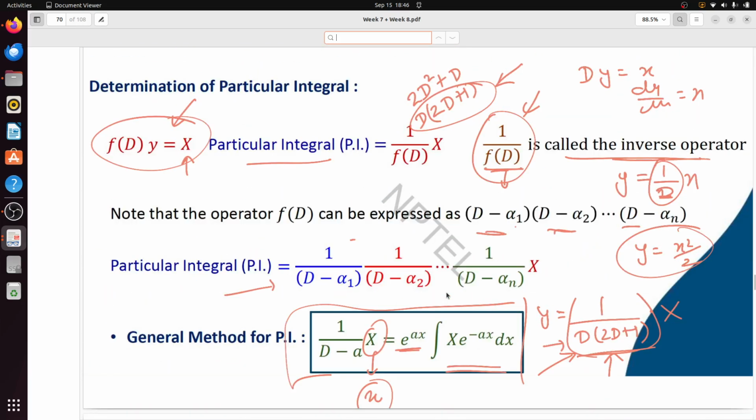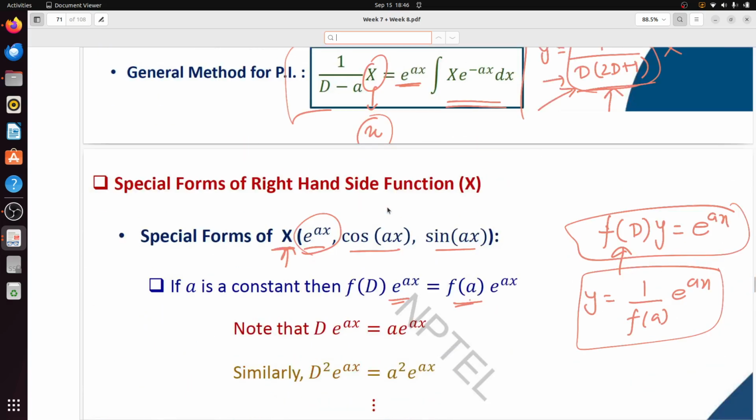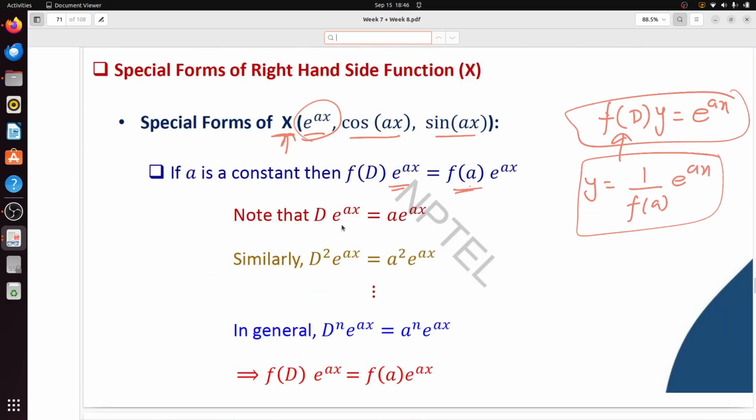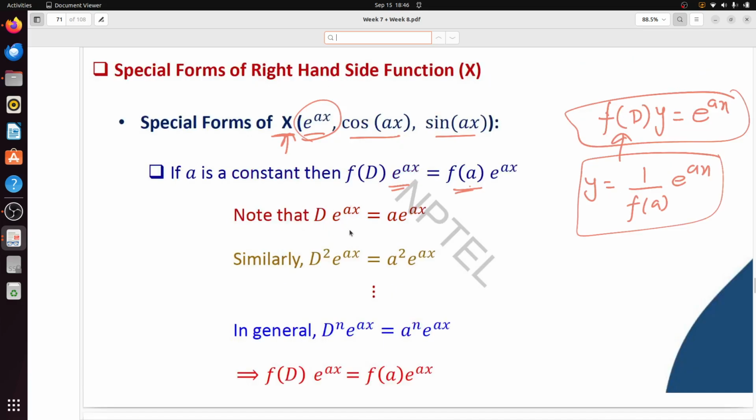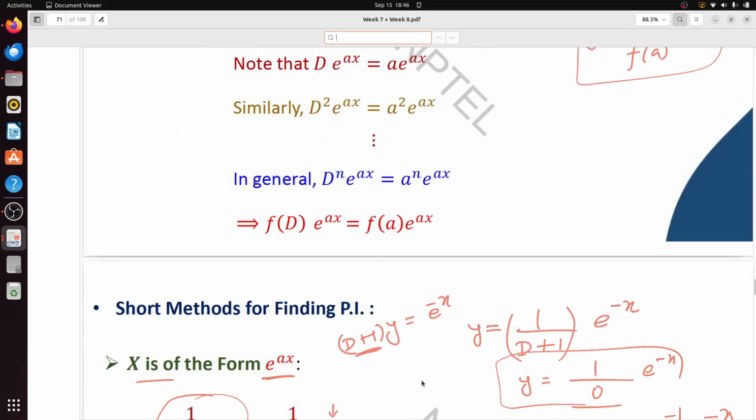For example, if you have D square plus 2D plus 1 operated upon e to the power ax, then for e to the power ax, you operate D, you will get a, operate 2 times you will get a square, operate n times you will get a to the power n. So f(D) e to the power ax is f(a) e to the power ax.